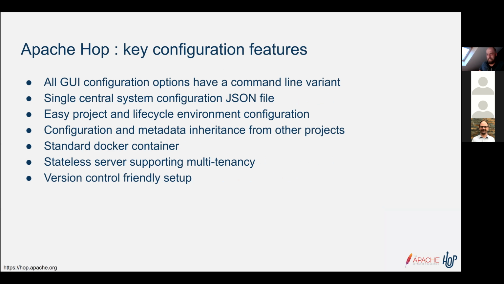One of the latest additions, maybe a month or so ago, is that we now have configuration metadata inheritance from all the projects. So you can define one root project and then a couple of child projects, where the lower level child projects inherit the configuration from the projects at a higher level.